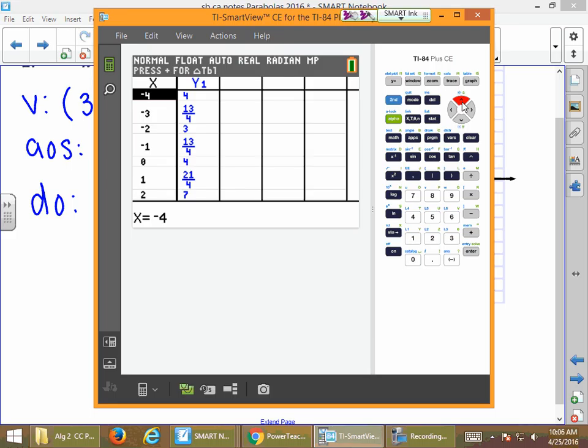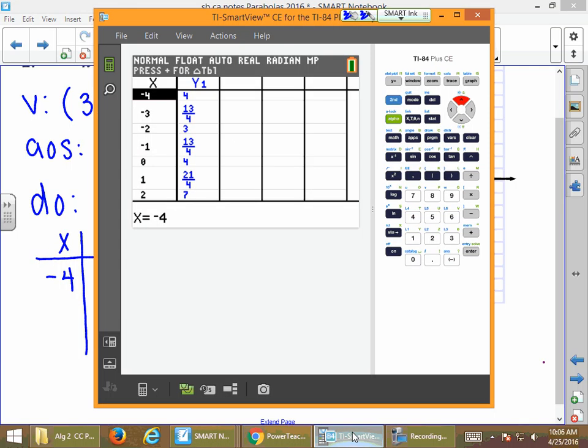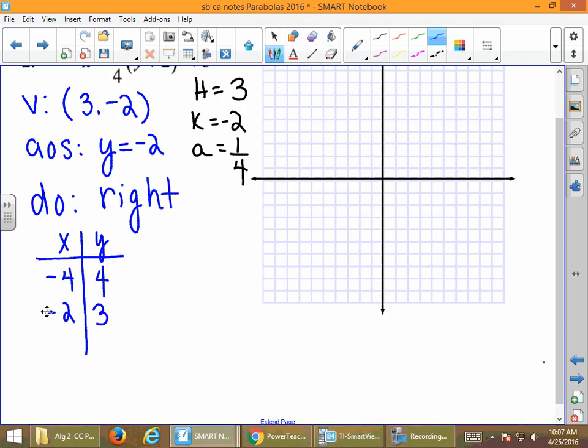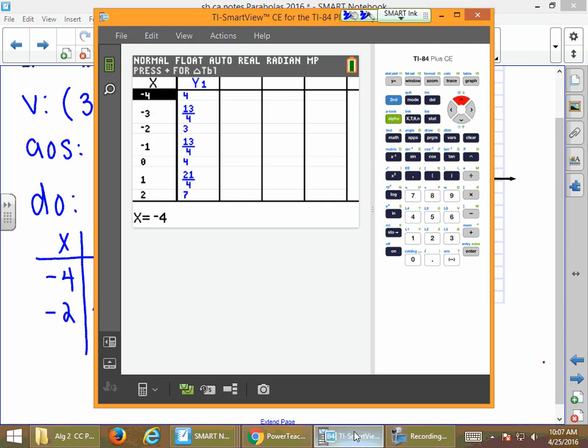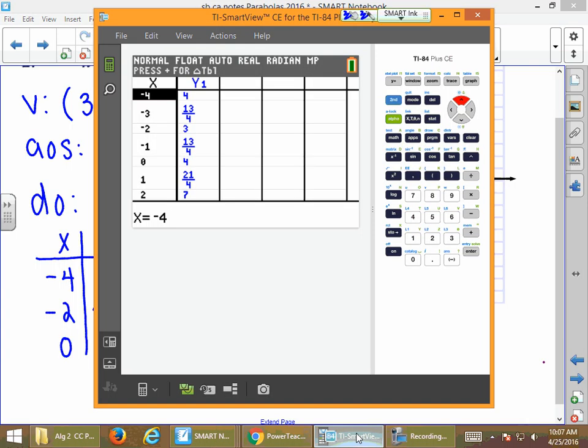So let's write that one down. -4, 4 is one of the points. We also have -2, 3. Looking at the points that don't have fractions or decimals in them right now, just to keep life a little bit simple, we have 0, 4. And I actually saw one other point there. I don't know if it's helpful or not, but 2, 7.